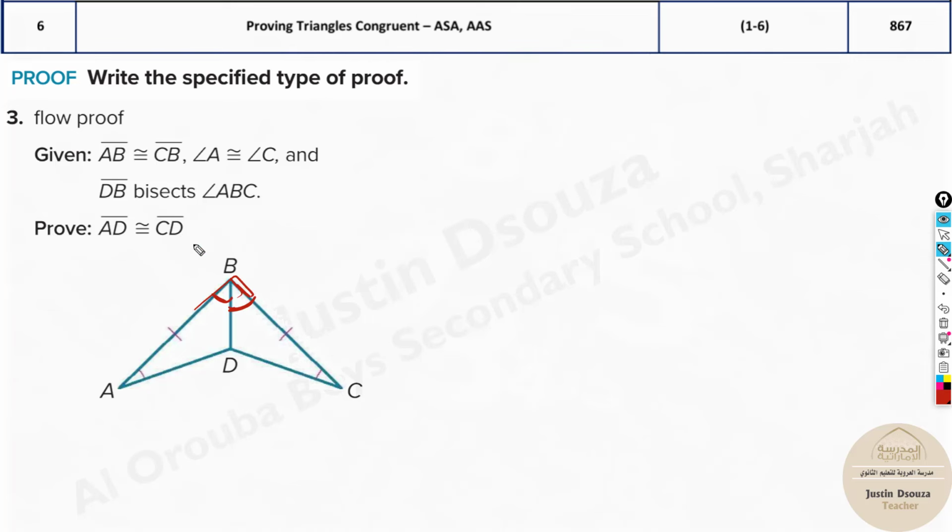We call it congruent parts of congruent triangles. CPCTC: congruent parts of congruent triangles are congruent. So just remember CPCTC. And the ASA postulate was used to prove they both are congruent.